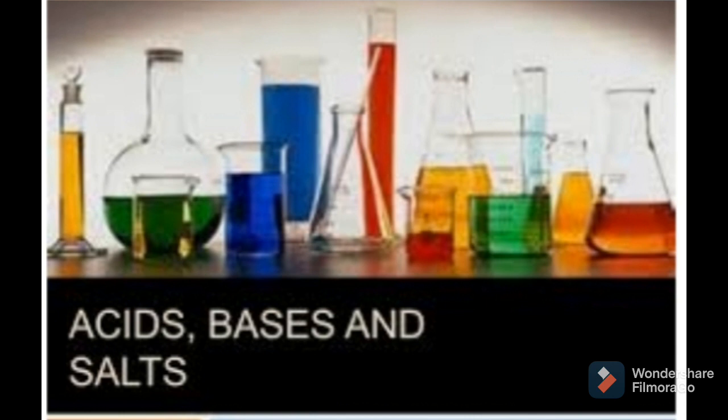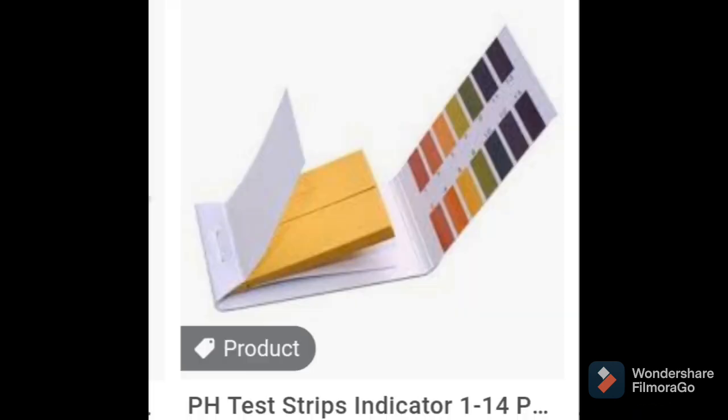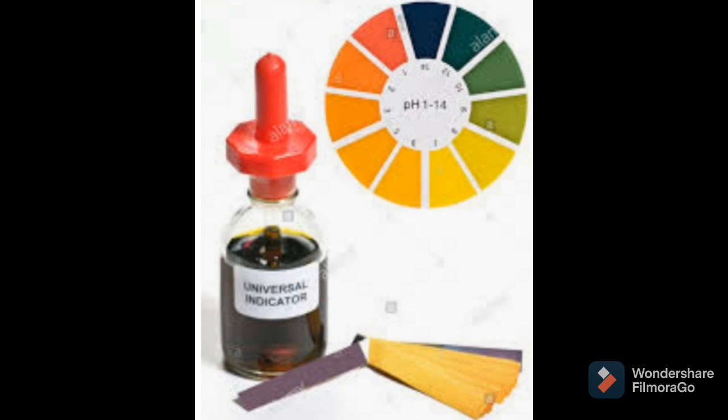Then which indicators can we use to identify the strength or concentration of a given acid or base? There are two types of indicators, pH paper and universal indicator. These two indicators we can use to identify the concentration of acid or base.